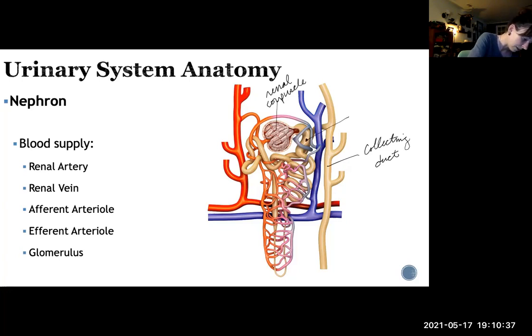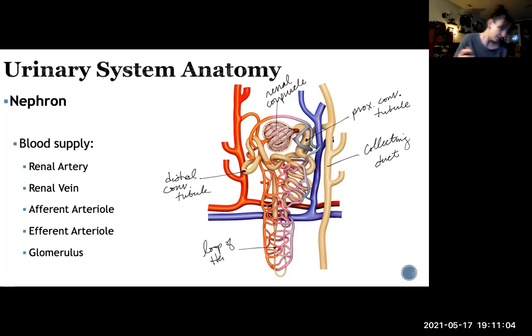We have the proximal convoluted tubule here, the distal convoluted tubule here, and the loop of Henle here. So those are the parts of the nephron.